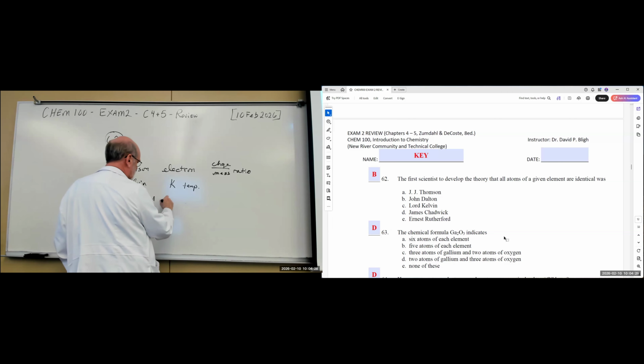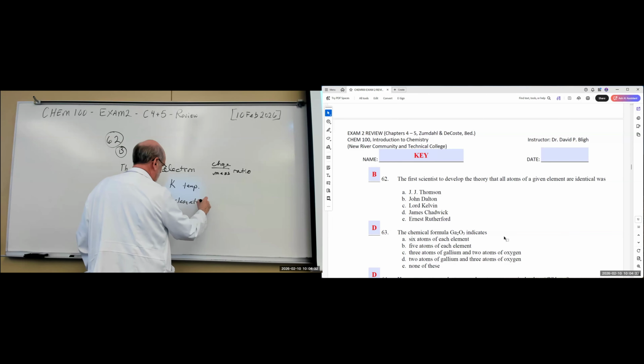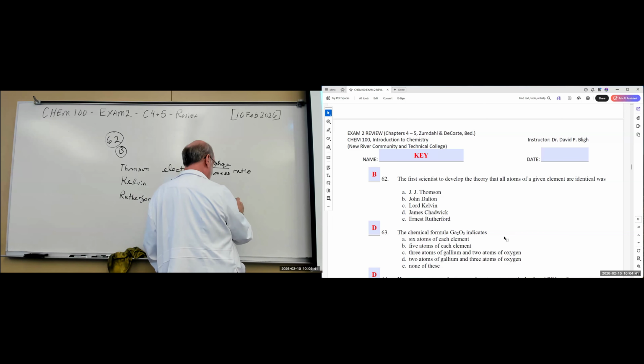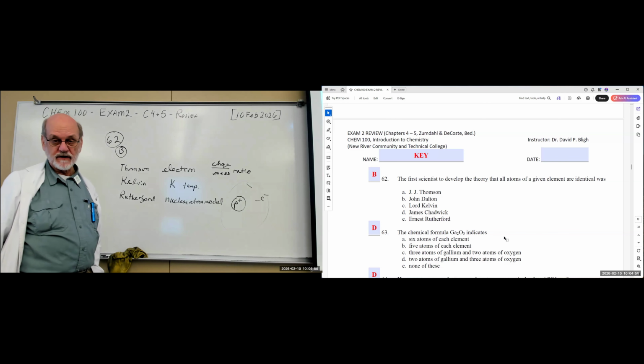Rutherford. His claim to fame was the nuclear atom model, right? So he took these electrons and he had to have protons in the nucleus and electrons out here, right? But he couldn't account for all the mass.